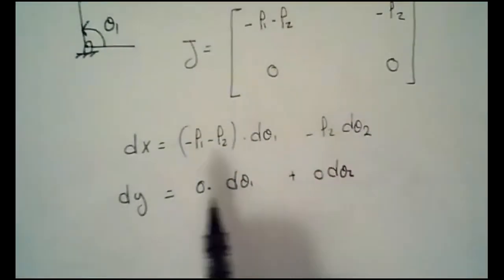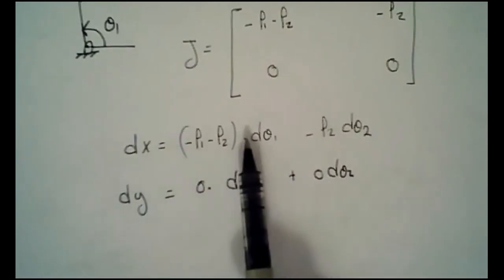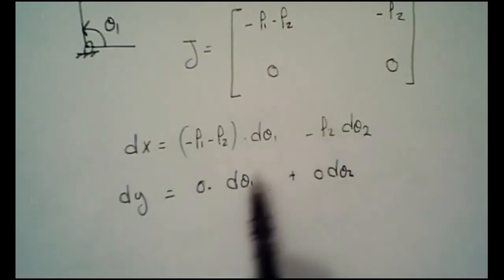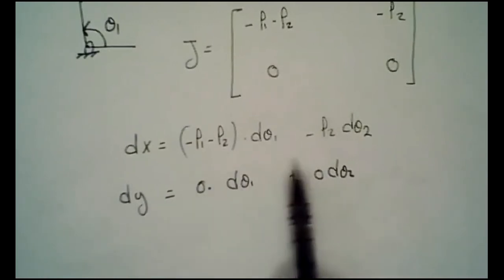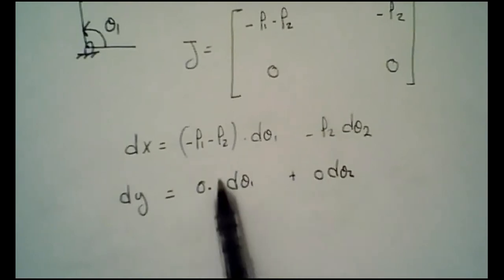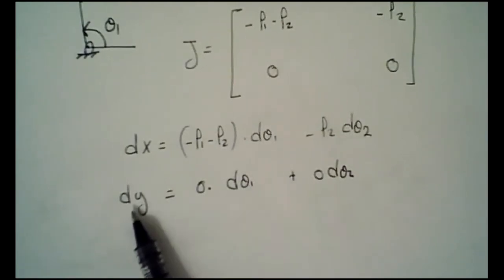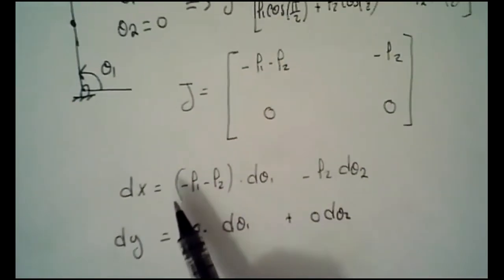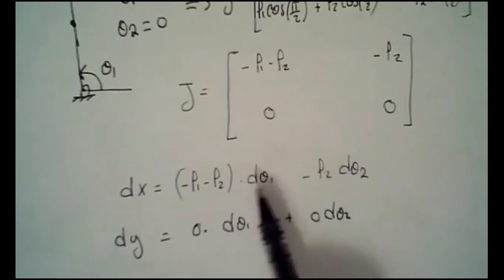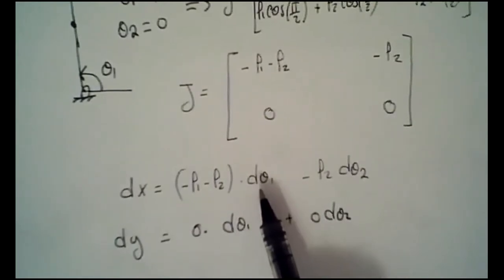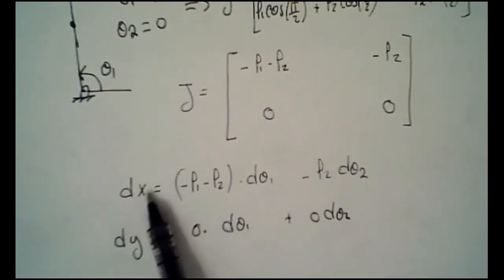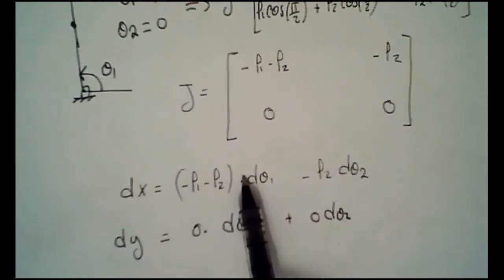So here, if we look into this again, we will see that we can have displacements along the x, but we cannot have displacements along y because both of these components are actually 0. So no matter how theta 1 changes, dy will always be 0. So we have a singularity in the y direction. Now looking at dx here, we see that if theta 1 changes positively, or if the motor or link 1 moves positively along the theta direction, then we know dx will actually go in the opposite direction because of the minus, right?